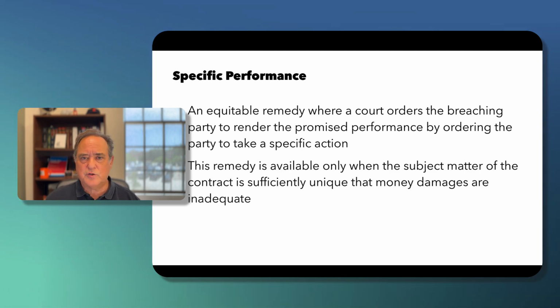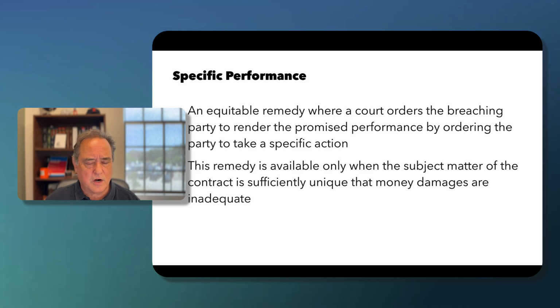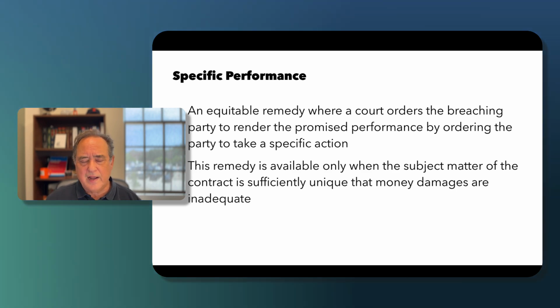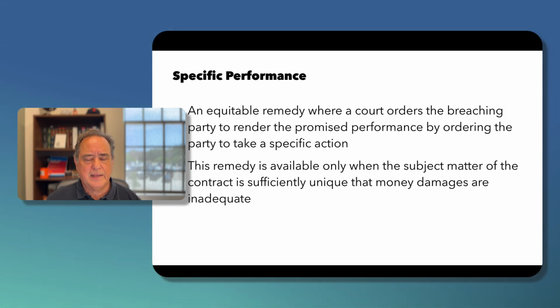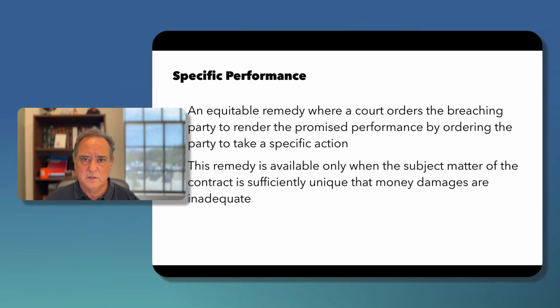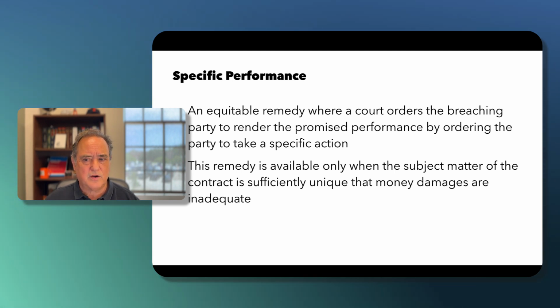If I am contracted to buy a certain rare Ferrari sports car, and there's only 3 of these cars in the world, and the seller breaches the agreement, I cannot go out and find a substitute good. I cannot cover in that fashion. Instead, my only relief is for the court to order the seller to sell me the car.